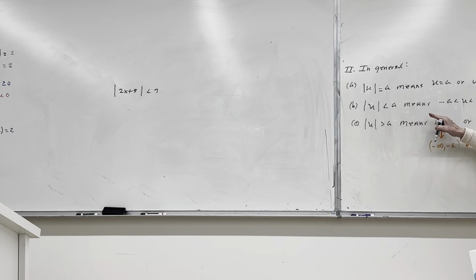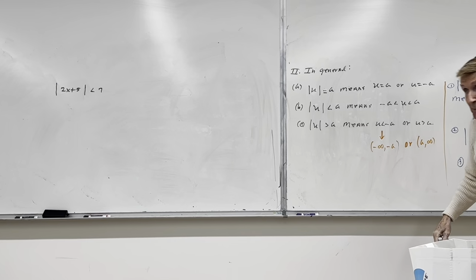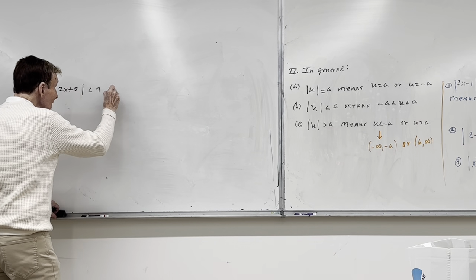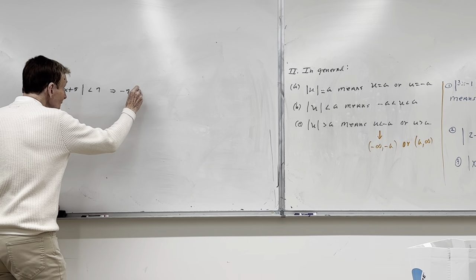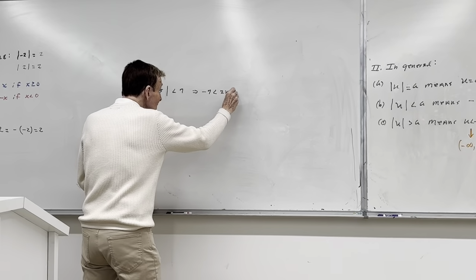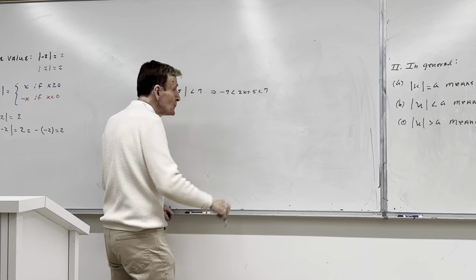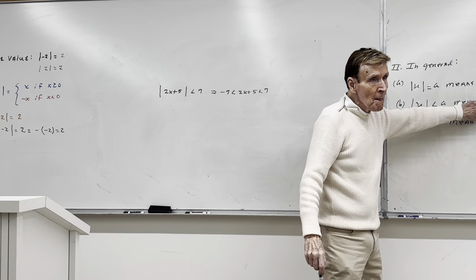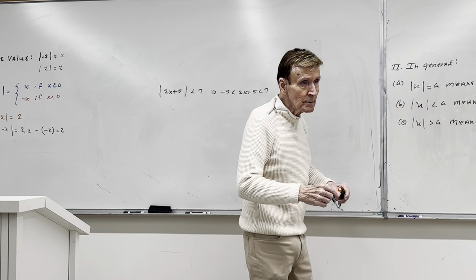If it looks like this, you can quickly rewrite it with no absolute value bars. So I can write this as negative 7 less than 2x plus 5, less than 7. I'm using this rule right here. Absolute value bars are gone.